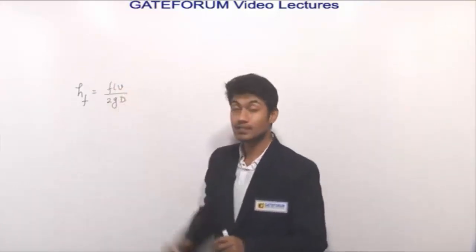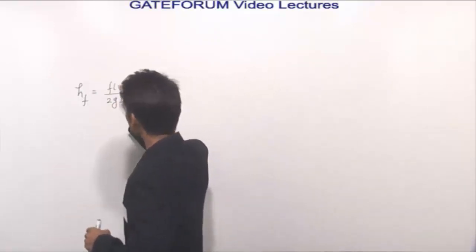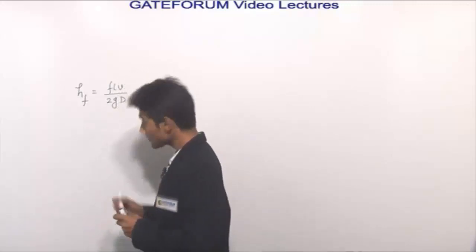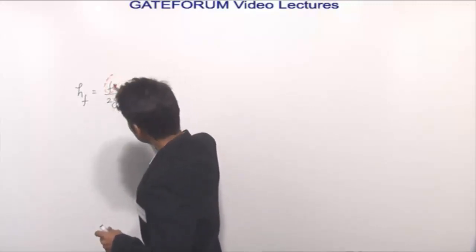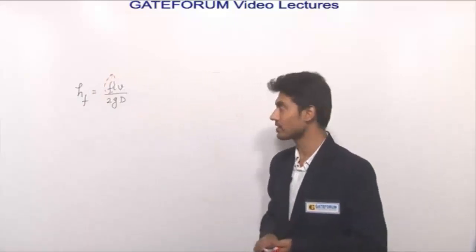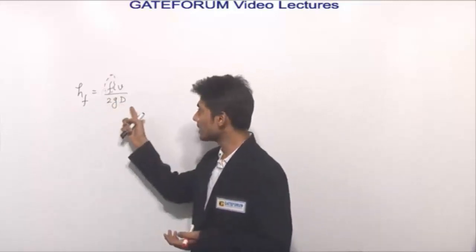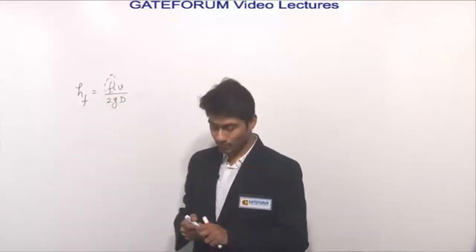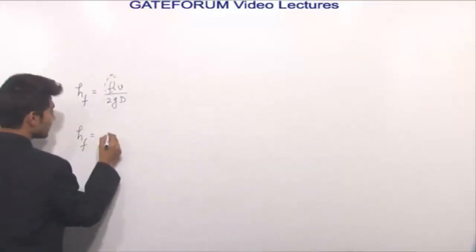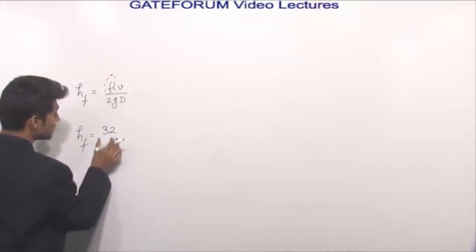We have a term of velocity, but the question is in terms of discharge. So first we need to convert this V into discharge. But again, here we have a coefficient, the friction factor. Whether it depends on diameter or not, we do not know. So we need another formula from which we can establish the result.